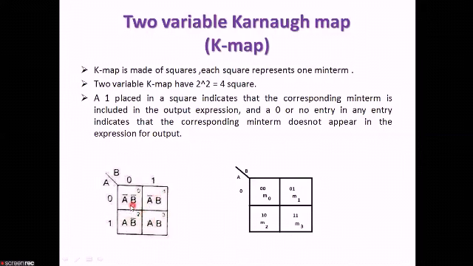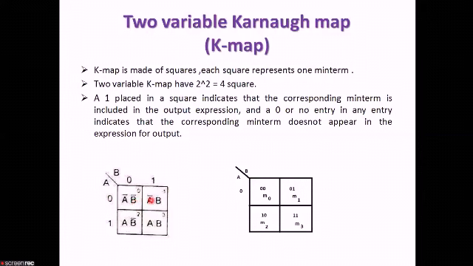This first box means min term 0. So how will we write the values? Like this, 0 and 0. This 0 corresponds to A and this 0 corresponds to B. That is, these 0 and 1 are the values of A and these 0 and 1 are the values of B. So 0, 0 means A bar and B bar.